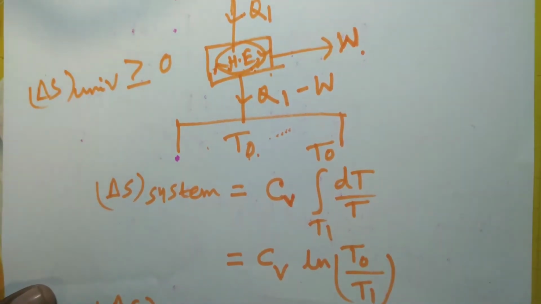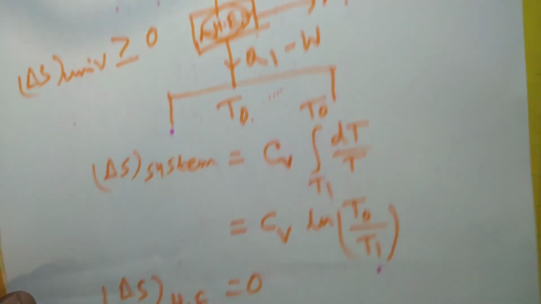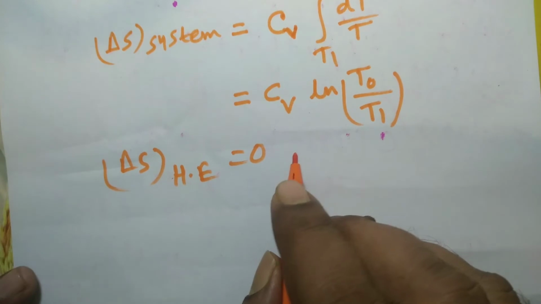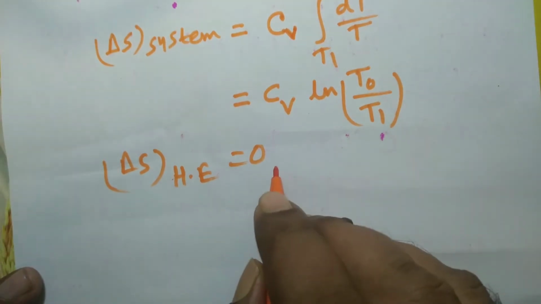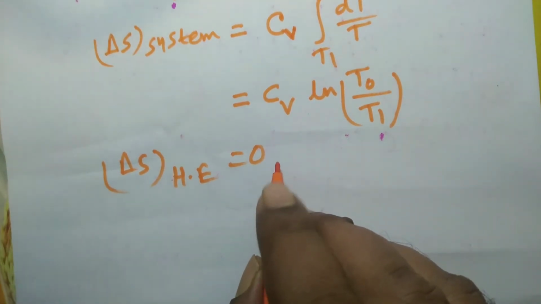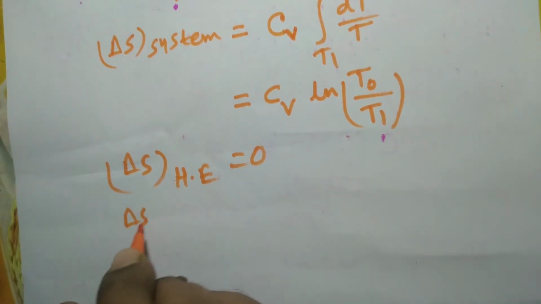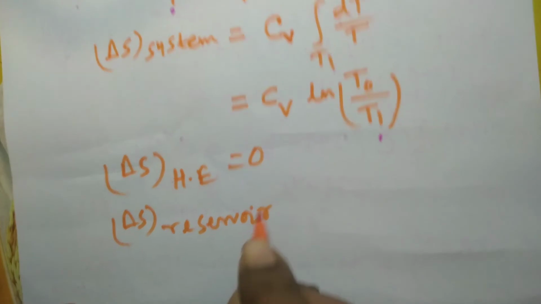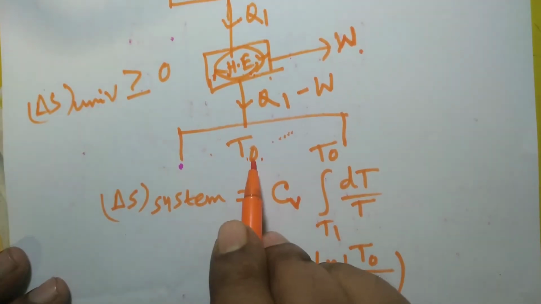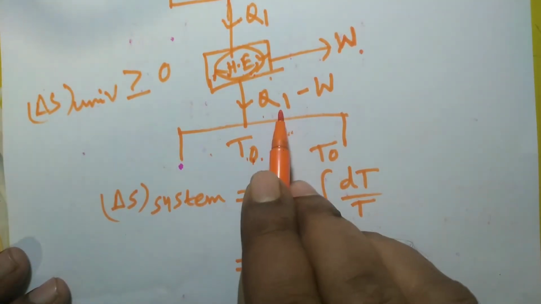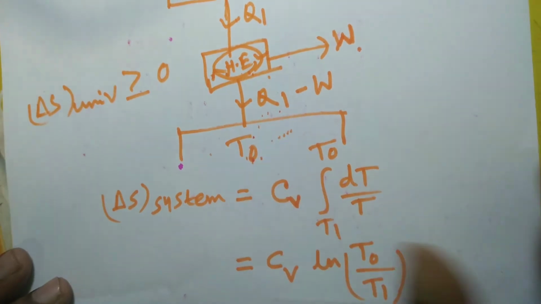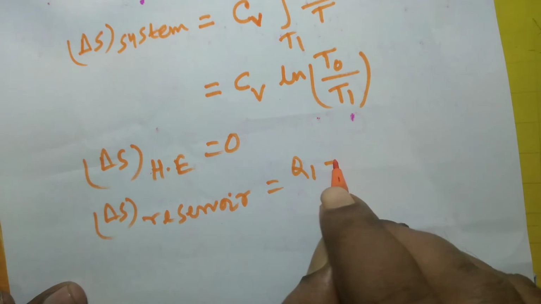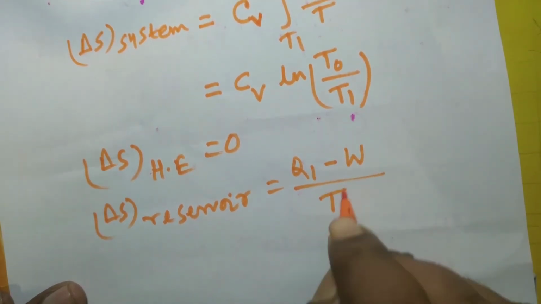So the change in property during a cycle is 0, and entropy is a property. Then delta S of this low temperature reservoir, its temperature remains constant, and the heat rejected to the reservoir is Q1 minus W. Q1 minus W divided by T0.